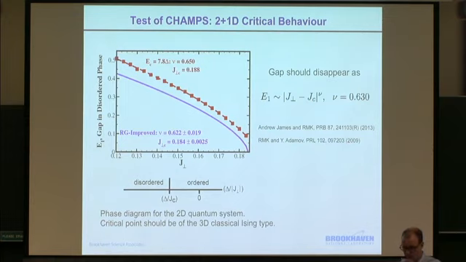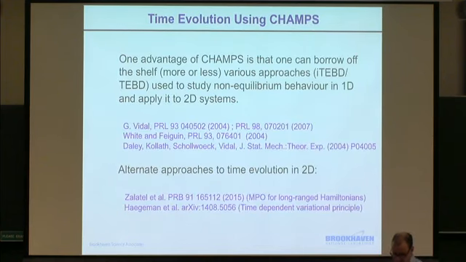Now, let's move to time evolution. Once you've set up this scheme of using 1D DMRG to study these 2D systems, it means you can take all the advances that have occurred in the last 10 years for using matrix product states and just borrow them more or less off the shelf.